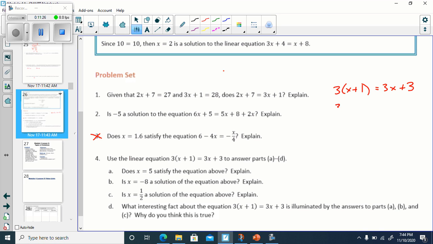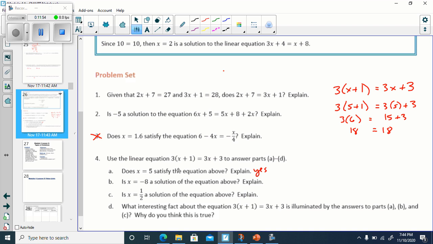Let's plug it in and see. 3 times 5 plus 1 is equal to 3 times 5 plus 3. That'd be 3 times 6 is equal to, which is 18, is equal to 15 plus 3, which is 18. So yeah, that one does work. We've done the work right here. We've plugged it in, it works.